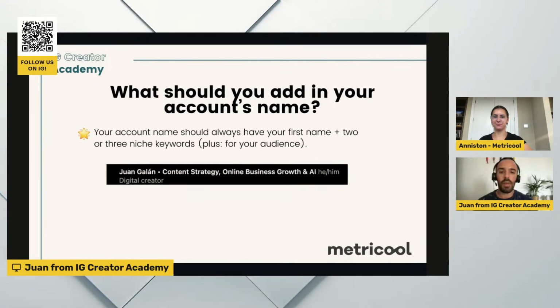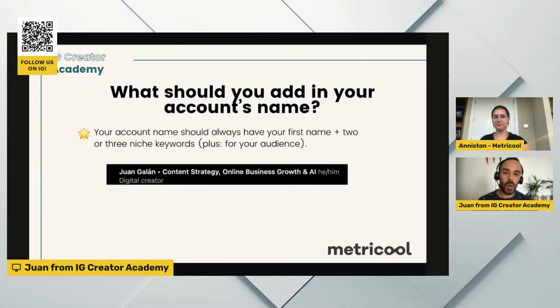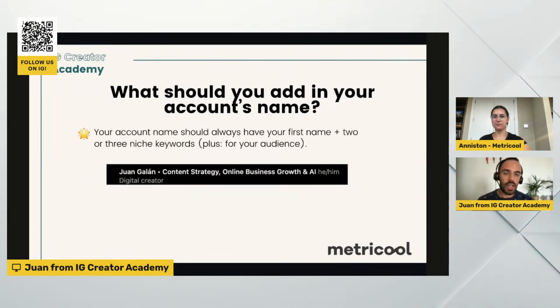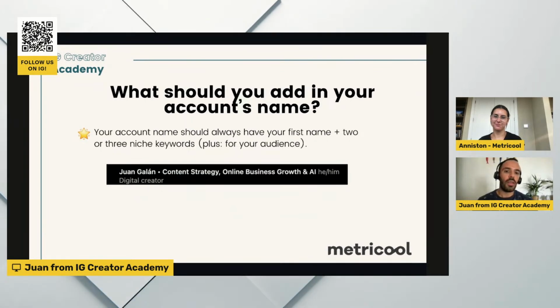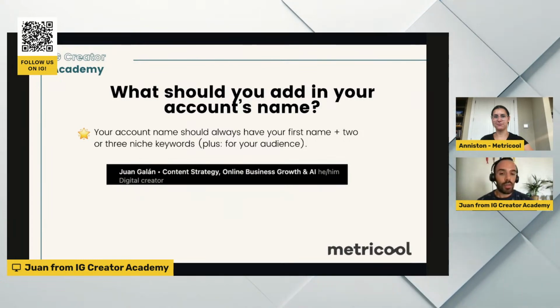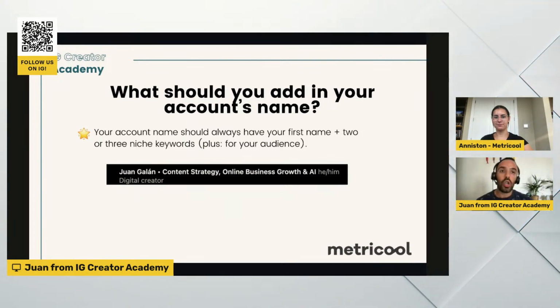We need to have our full name, but you should also incorporate at least two or three keywords that represent you, your industry, or your audience. So here's my example. Right now, my name is Juan Galan, and then I have content strategy, online business growth, and AI. These are three of my main content pillars at the moment, and I know that these are three of the words that people will type on the search bar when searching for something related to that.